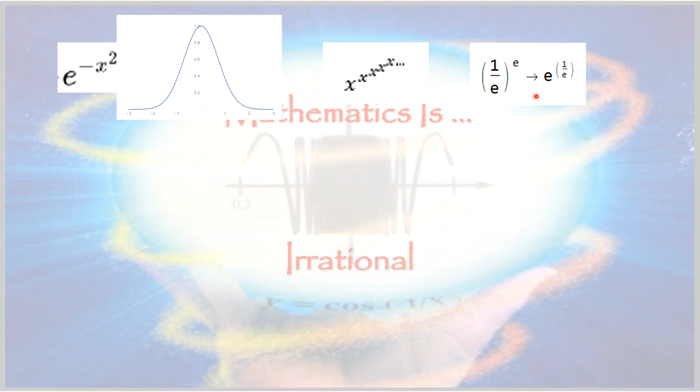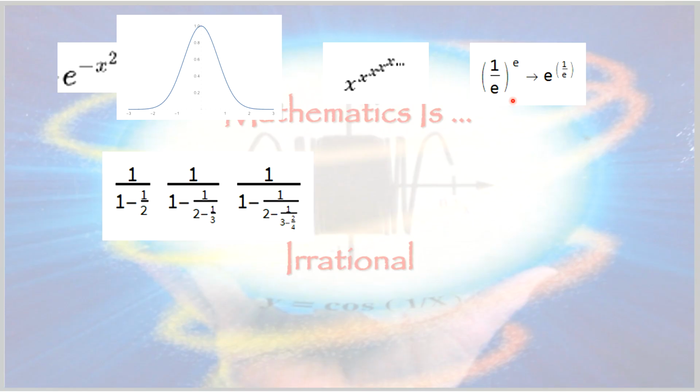Continued fractions were a popular way to represent numbers in the 1700s. The great Leonhard Euler, who gave e its name, found a wonderfully patterned representation for e. It's a typesetting nightmare, but continue the sequence 1 over 1 minus a half, then replace the 2 with 2 minus a third, then replace the 3 with 3 minus 2 fourths, replace the 4 with 4 minus 3 fifths, and so on.